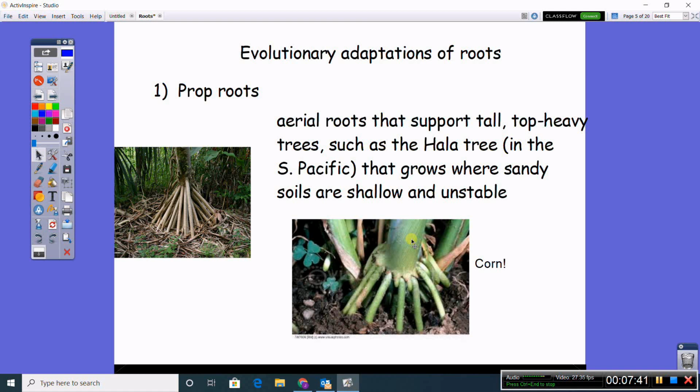You'll see trichomes, you'll see parallel venation, you'll see all kinds of things that you've already learned about in this unit. And one of the things you'll notice is that corn indeed does have prop roots. Now, I don't expect you to go to a farm and find a corn plant. I think that would be a hard thing to find this time of year. So I don't expect you to find a lot of these modified roots. There might be one or two that you might be able to find.